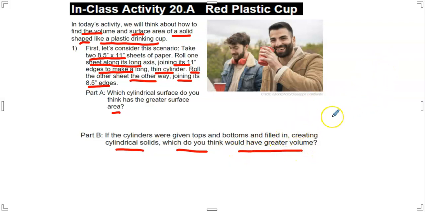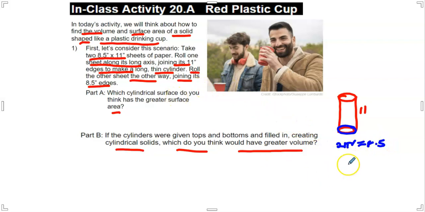Now, in the first scenario, we have a very thin cylinder, which gives us a height of 11, and the circumference of the base, 2 pi r, is going to be 8.5.